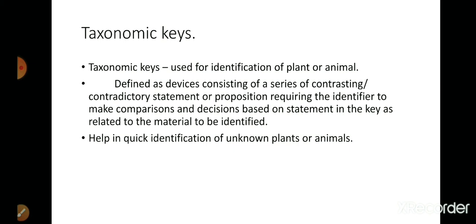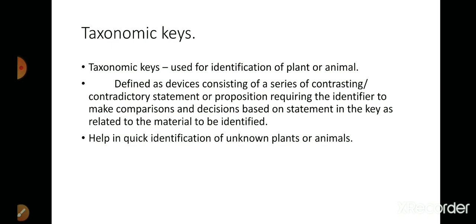In this device we have a series of contrasting, opposite characters. We just have to differentiate the characters of the unknown organism, so that we can easily find the class or kingdom that organism belongs to.